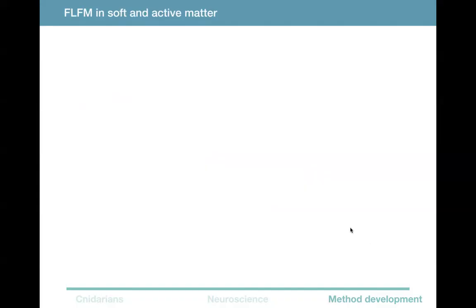So why do I spend so much time talking about Fourier light field microscopy? I think that it's a really interesting method, and now that we can reconstruct volumes pretty quickly, I think it could be quite useful. So some of the benefits of this method is that there are papers that have really fast imaging speeds, using some tricks with the camera, but not necessarily tricks with the change in the setup.